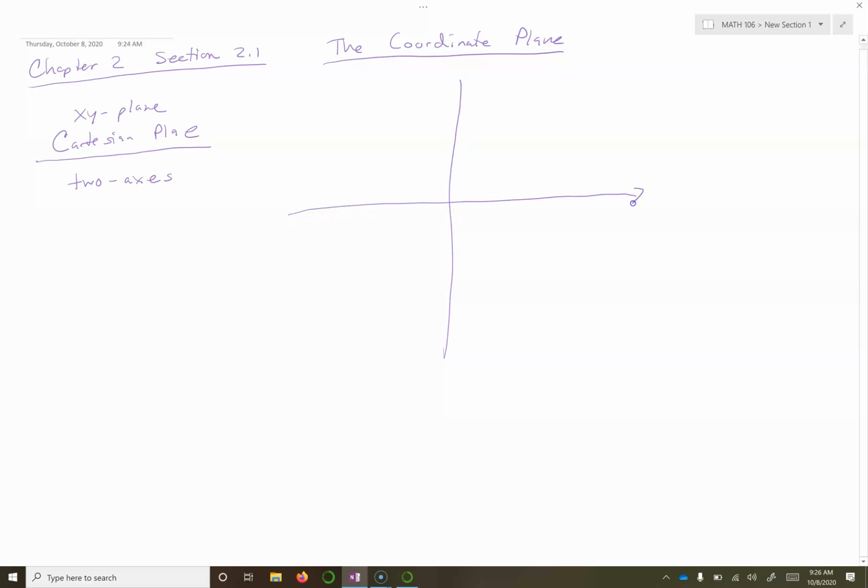Okay, so here's our set of axes. All right, the horizontal one we label X. The vertical one we label Y. Okay. What do we call this thing right here, at the intersection of the axes? Yeah. It's the origin.